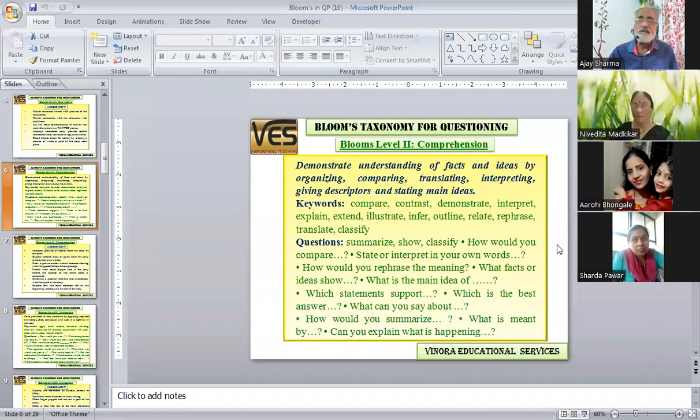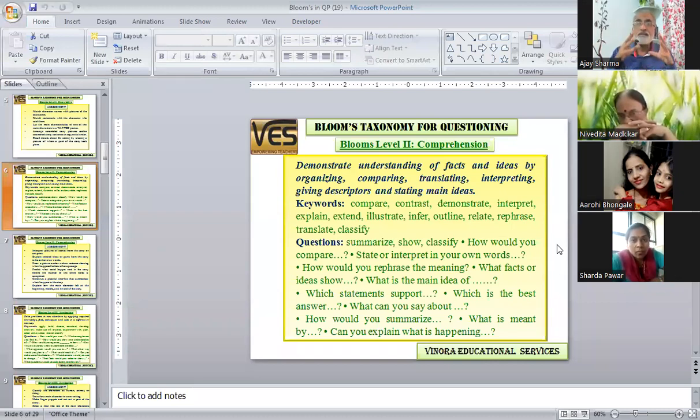Now the second level is comprehension. Comprehension is where the child demonstrates understanding of facts or ideas. Now, how do they organize, compare, translate, interpret in their own words? What you teach, they interpret in their own words, not mugging, not by rote learning.